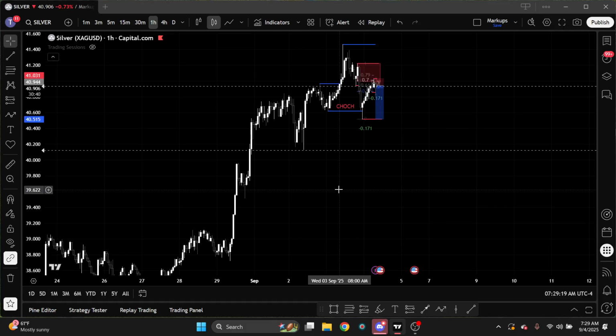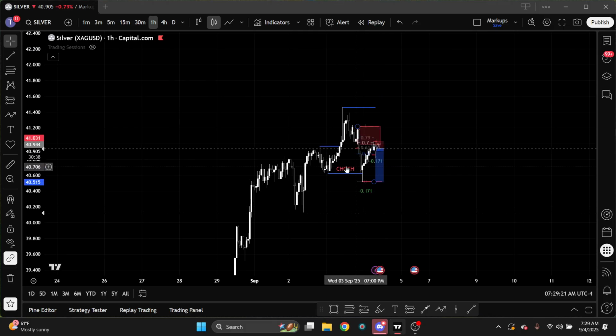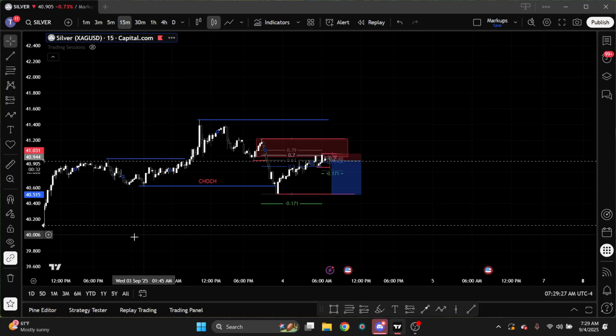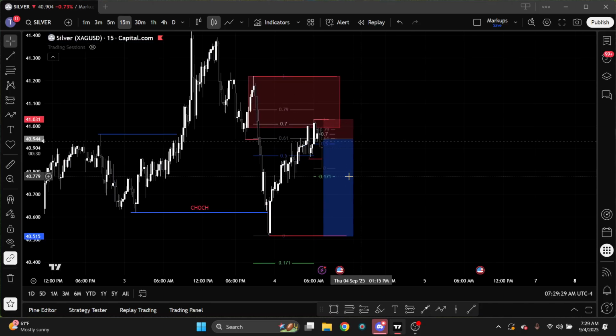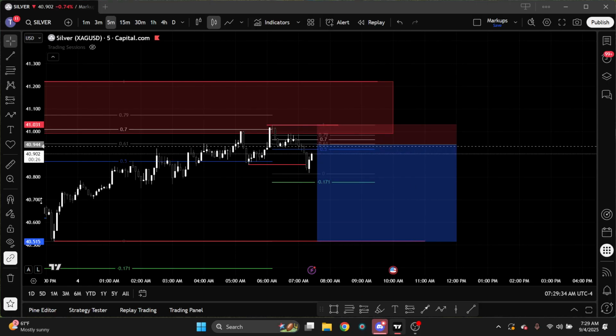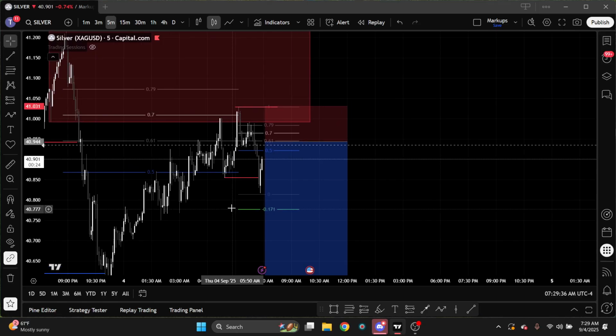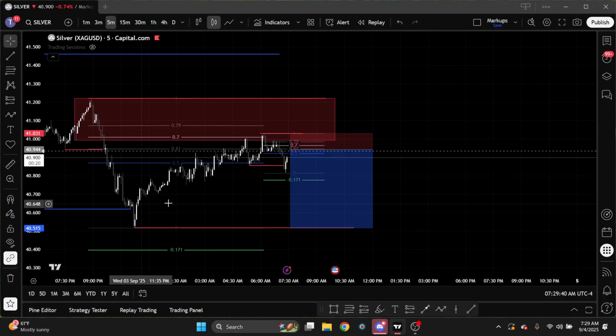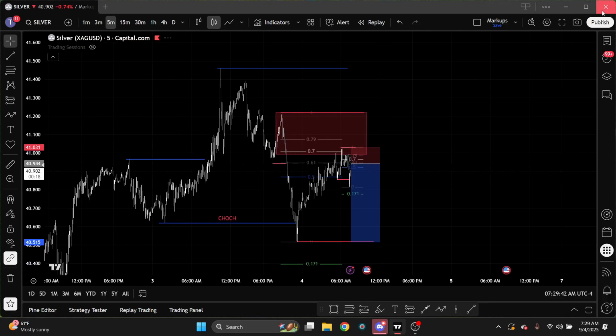The only reason I'm playing the sells is because we have a change of character here. Supply zone. Internally, we did make a change of character. Now, we're gonna see if this holds. You know, that's silver.